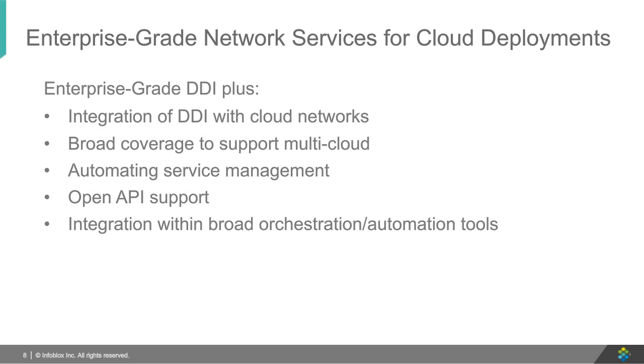Automating the management of services. It shouldn't be a manual process. This is 2019 after all. Open API support. You should be able to integrate as you see fit with other solutions, and where we can, doing that integration with a number of orchestration and automation tools. This function should be centralized to be efficient.